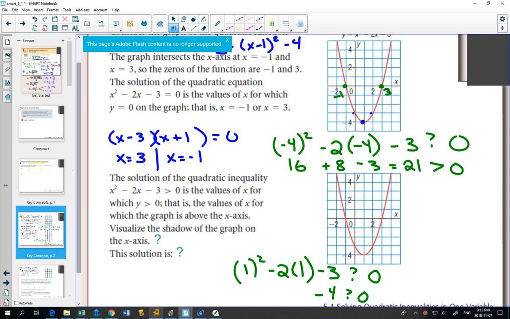Negative 4 worked. Negative 2 works. 2 doesn't work. Negative 3 works. 0.5 doesn't work. Negative 0.5 doesn't work. Negative 5 works. So how do I do this so quick in my head? How am I calculating everything out? How do I know what works and what doesn't work?